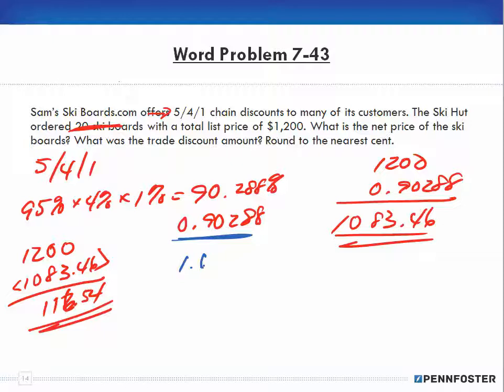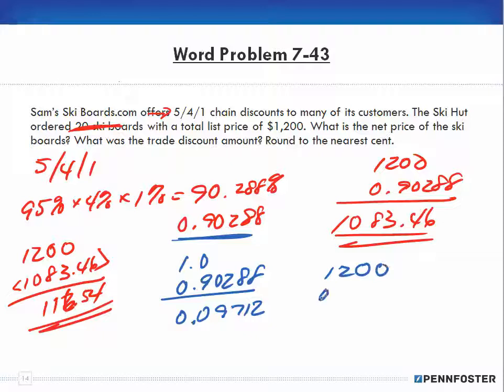So if I take 100% and subtract the 0.90288, I come up with 0.09712. And then I can take the $1,200 and multiply it by the 0.09712, and that will end up giving me the $116.54 also.